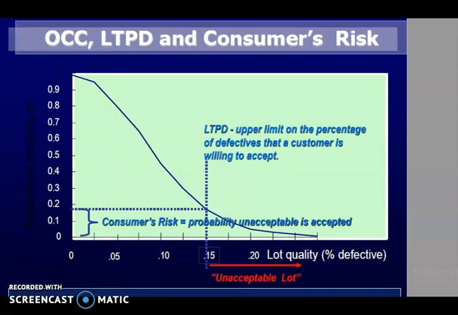This is the second diagram. At the bottom right side, defective parts are around 15 to 20%, and if that lot is accepted, then that is the consumer's risk, the probability that an unacceptable lot is accepted. So this is about the OC curve.